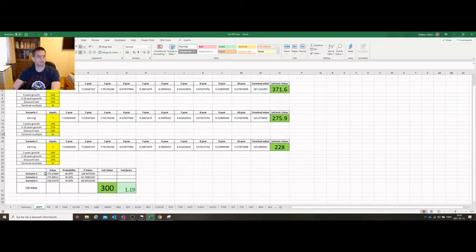I gave each scenario a probability: the first scenario is 40, the second is 30, and the third is 30, and from that I calculate the probabilistic value, and the fair value is 300, which is higher than the current price.